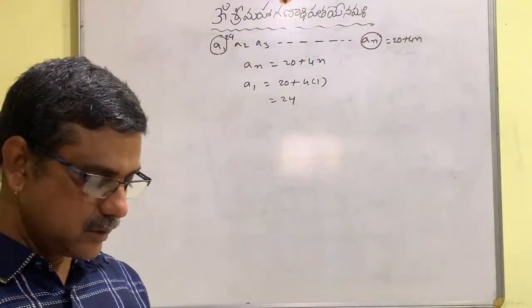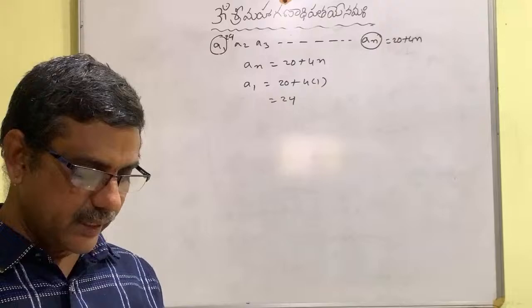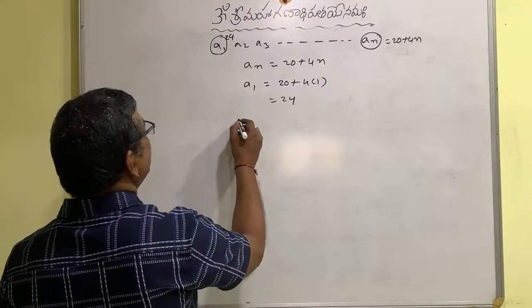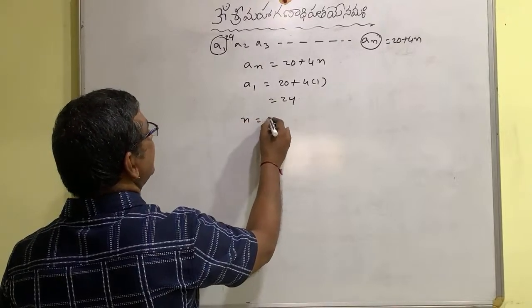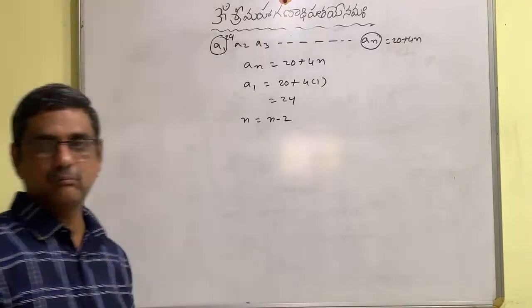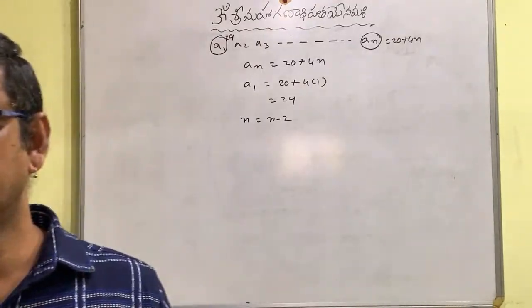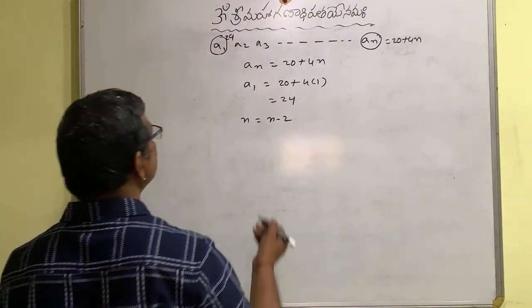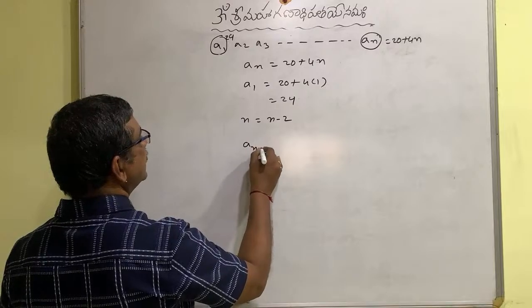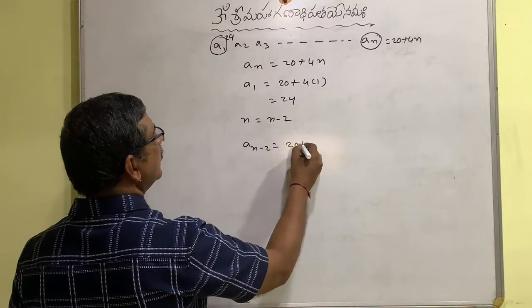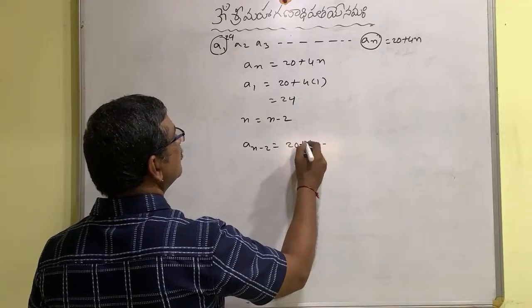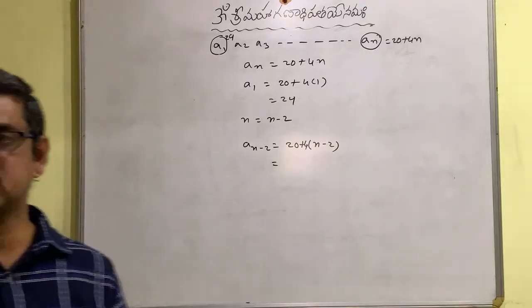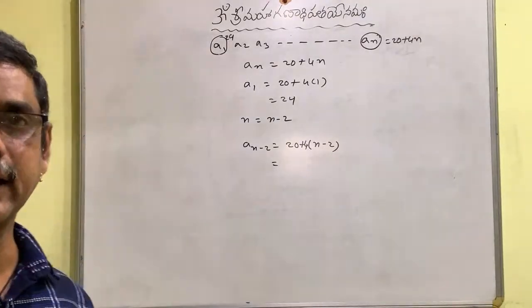Second question. Which number is on the (n minus 2)th spot? In the place of n, insert n minus 2. So a_(n-2) is equal to 20 plus 4 into (n minus 2).